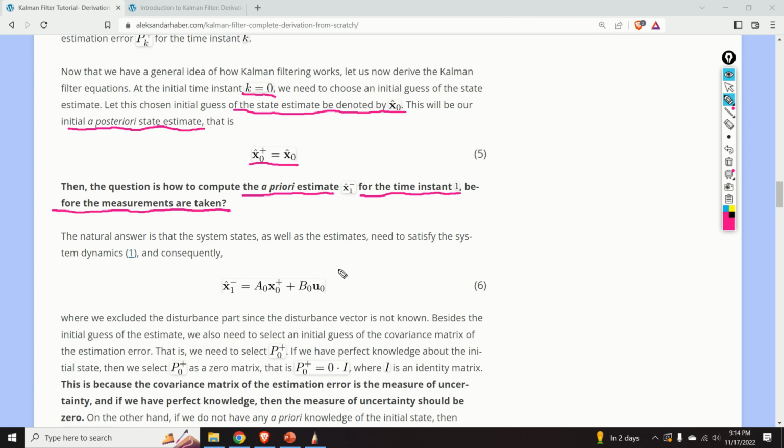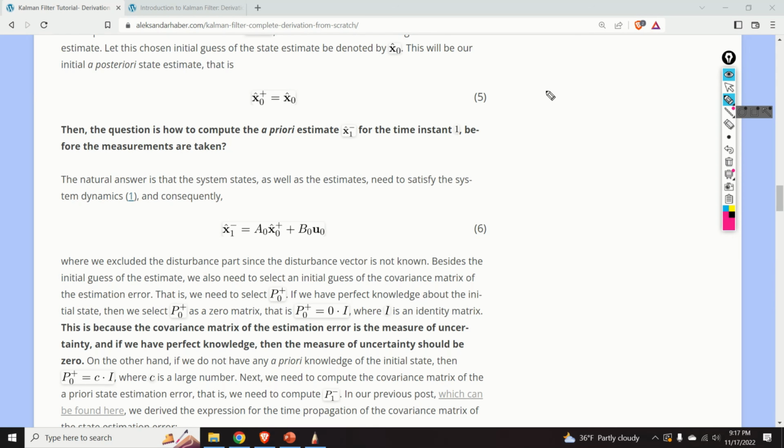Now stop for a second and try to think about this problem. So how to go from x0 hat plus to x1 hat minus? The answer is not surprising at all. The main idea is the following one.